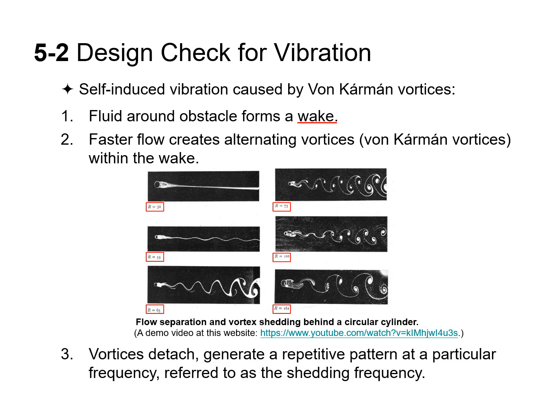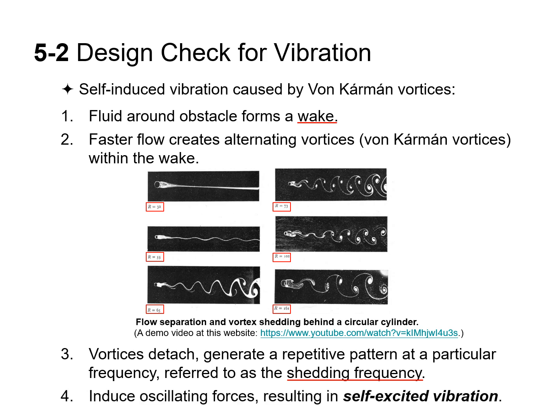These vortices detach from the object and move downstream, generating a repetitive pattern at a particular frequency, referred to as the shedding frequency. Finally, the shedding vortices induce oscillating forces on the obstacle perpendicular to the flow, resulting in self-excited vibration.